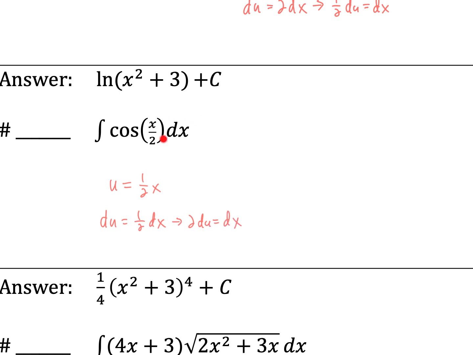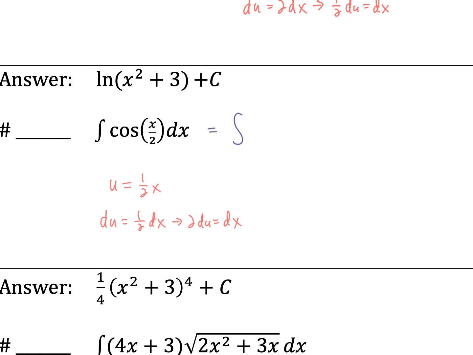And so that means this dx will be 2 du. And then this x over 2 will become u, and that's how we'll get everything in terms of u. So we'll get a u here, du here, so no more x's, only u's, which is maybe the main goal.